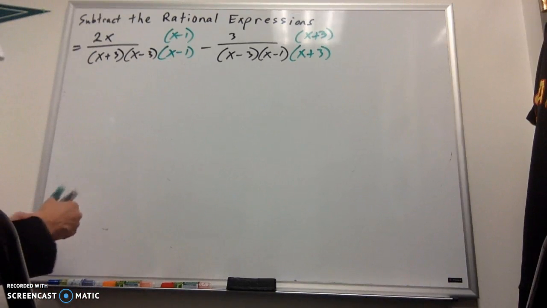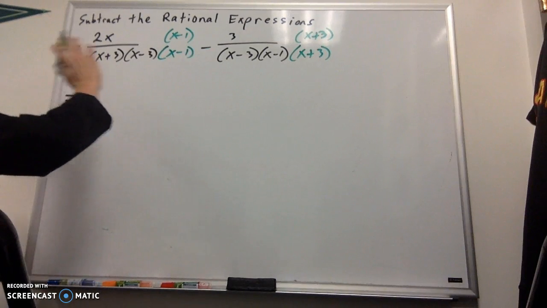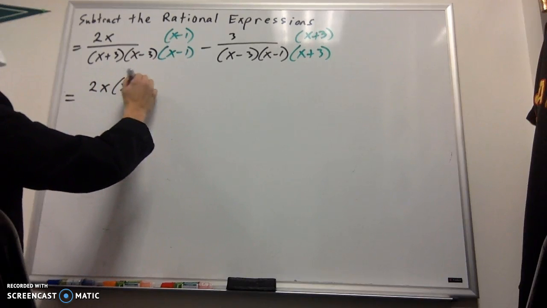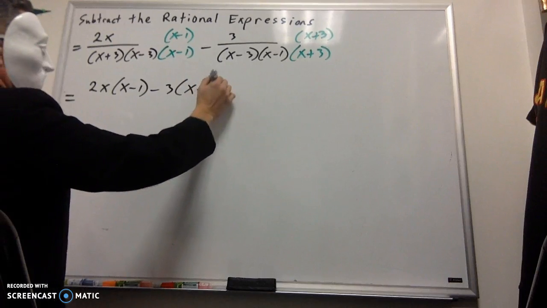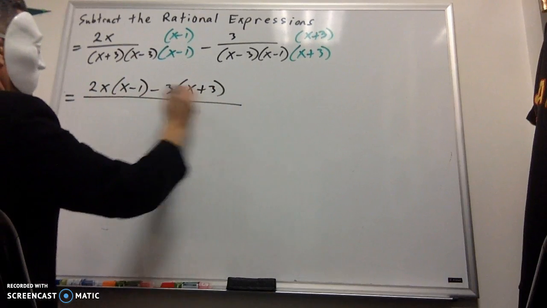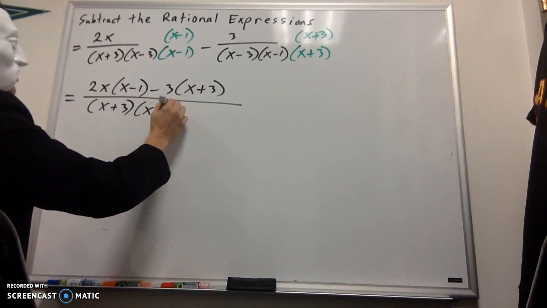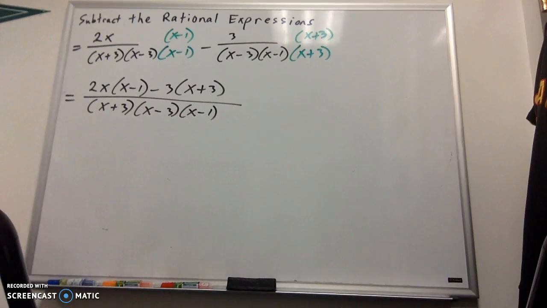So what I'm going to do now is write this so I have just one numerator, or just one fraction. So I'm going to take 2x times a quantity of x minus 1 minus 3 times a quantity of x plus 3. And it's all over x plus 3, x minus 3, and x minus 1. It's a lot easier to see this if you write this as one fraction like that.